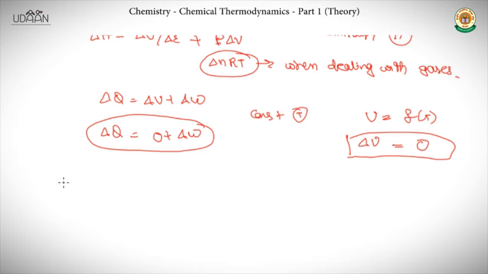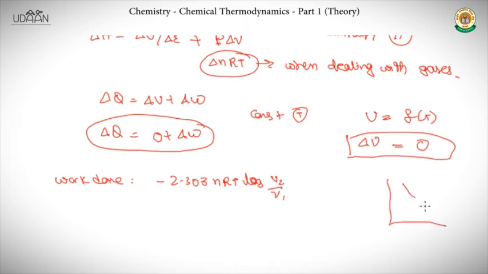Work done, since we know that PV is nRT, that is for the ideal case. For work done, we have one formula: 2.303 nRT log V2 by V1. These are all reversible work, so we need to calculate at each and every instant.